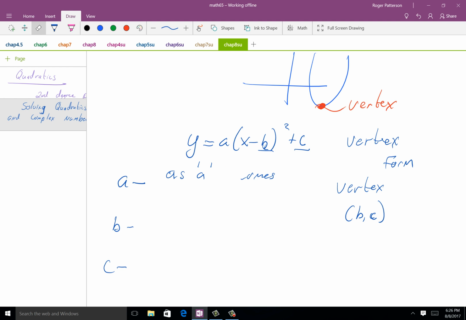As A increases, what happens to our curve? It's wider. As it increases? Oh, it gets narrower. As A increases, narrower, I don't know if that's a word, narrower curve. Okay?